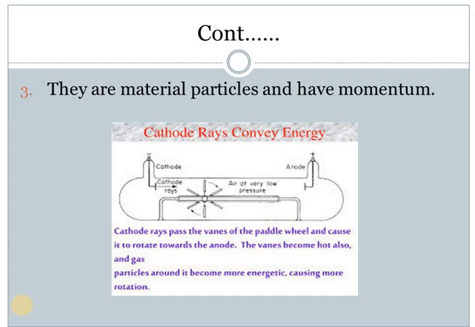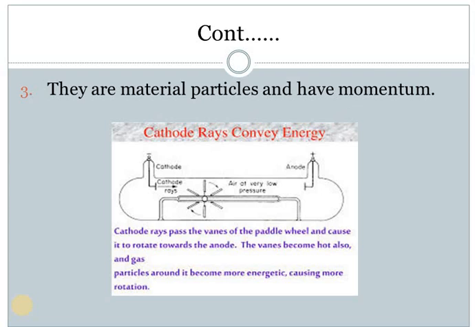Now, if we take again the same discharge tube and in the middle we place a paddle wheel, we can see that that wheel is moving. Apparently it seems that nothing is present and the wheel is moving on its own.